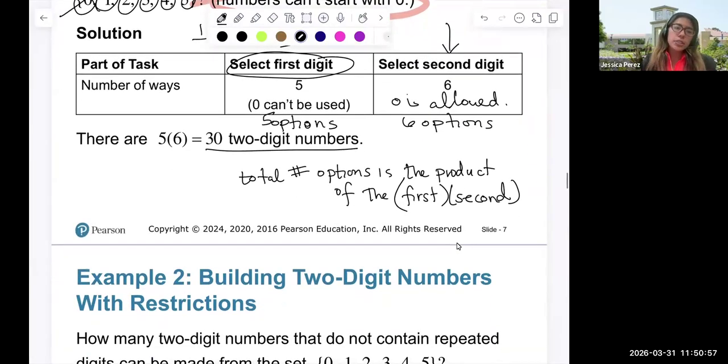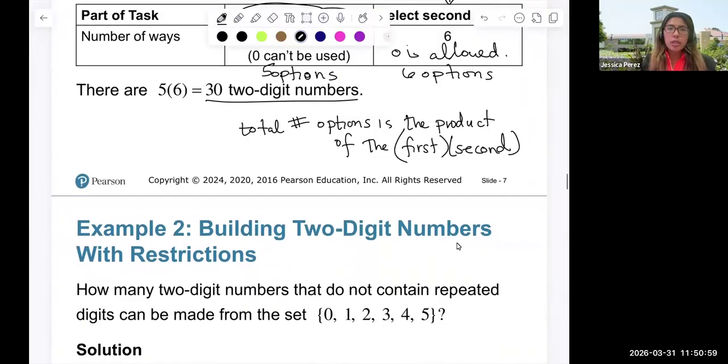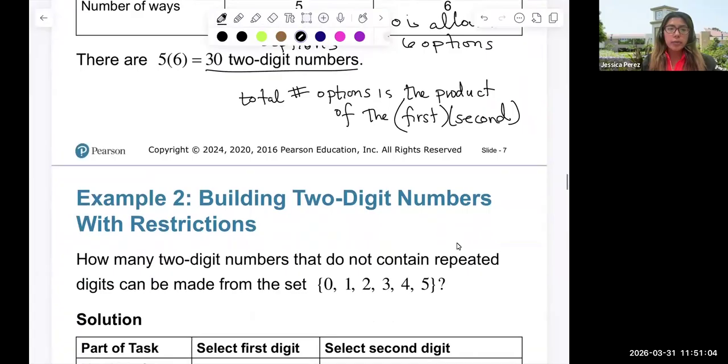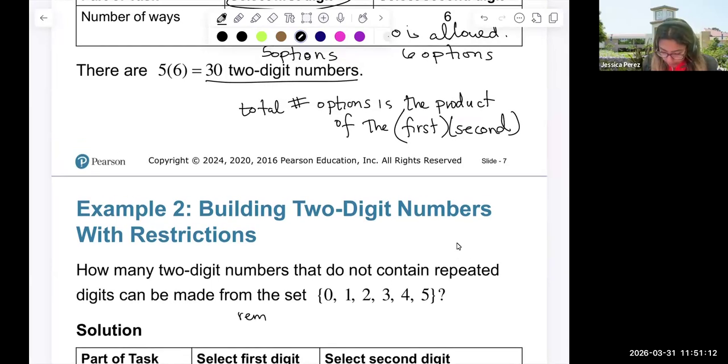Now, when you're building two-digit numbers with restrictions, notice that we had a restriction on the first part. Now we want how many two-digit numbers made from the set do not contain any repeated digits. So we would have to remove some options.